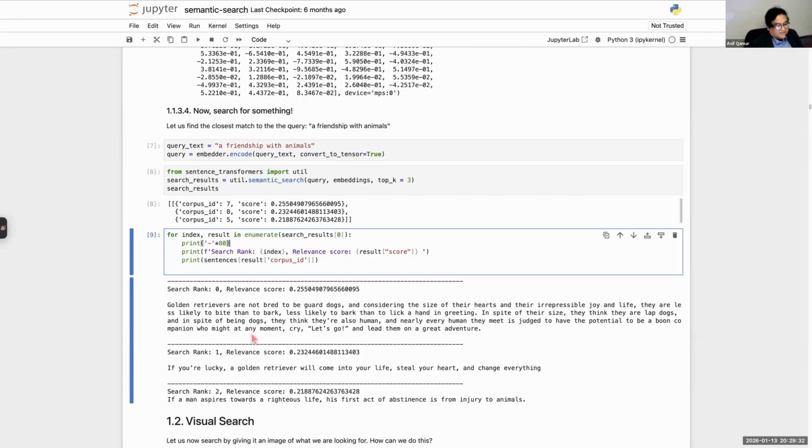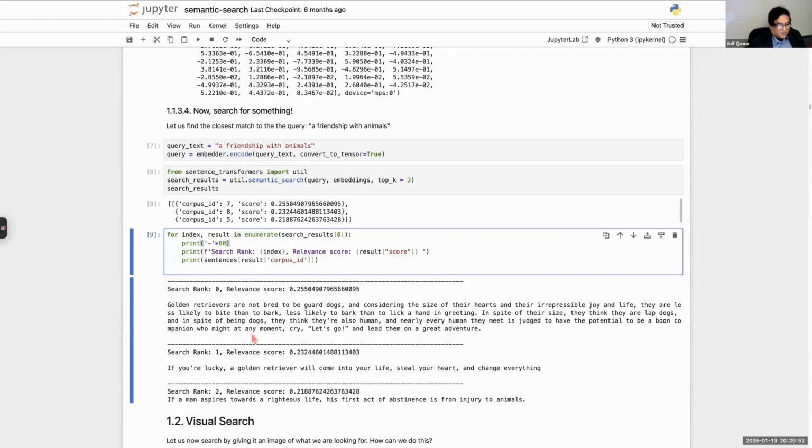The first result says golden retrievers are not bred to be guard dogs. And considering the size of their hearts and their irrepressible joy in life, they are less likely to bite than to bark, less likely to bark than to lick a hand in greeting. In spite of their size, they think they are lap dogs.